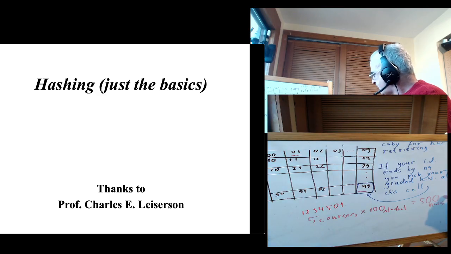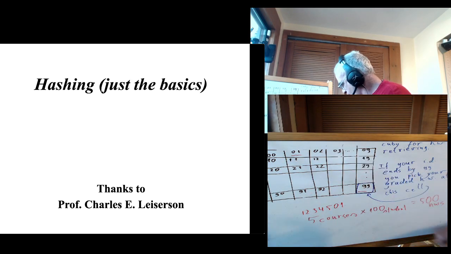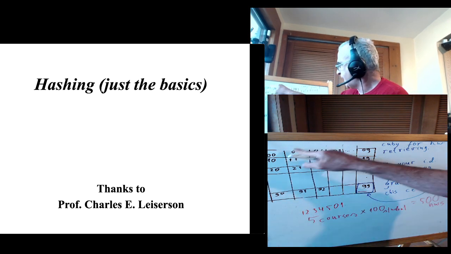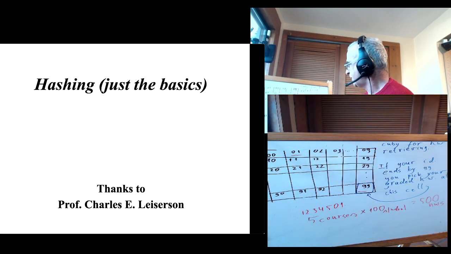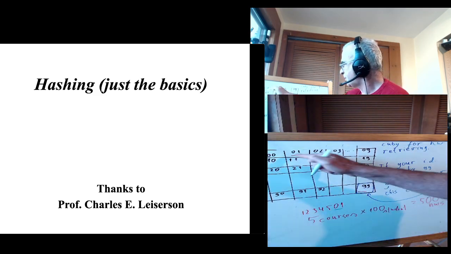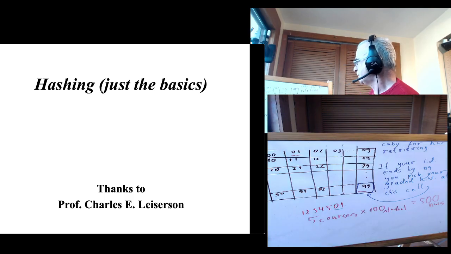So we are having 500 homeworks altogether, which means what? You would have gone to pick your own homework, to find the cell that contains your own homework, you know what your ID is. You know that your ID, say, ended with 01. So getting to the cell that contains your graded homework was quite easy.